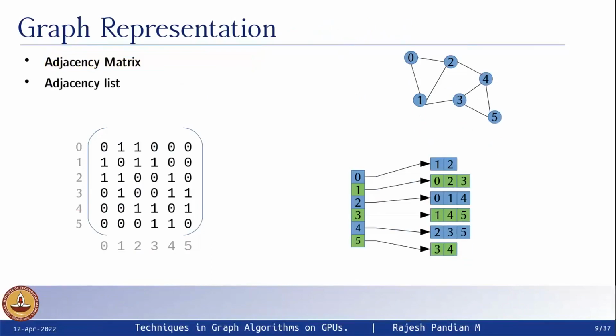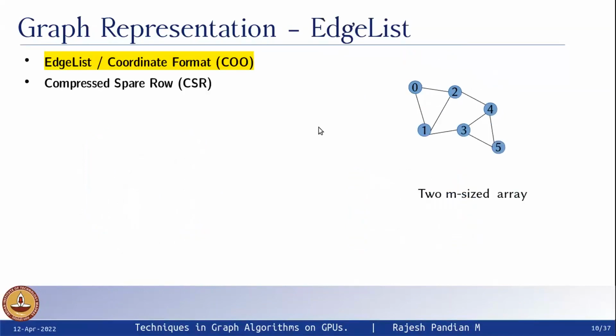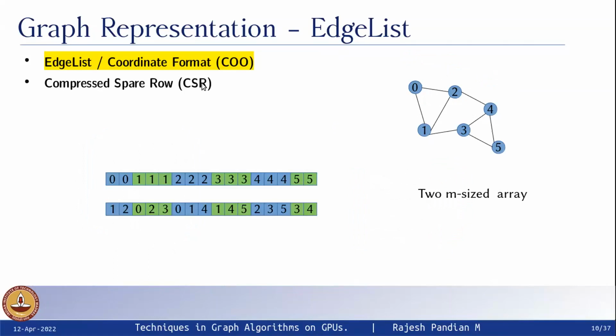So this is basically throwing out all the zeros and combining all the non-zero indices collected one after the other. And this is the adjacency list. And what is the edge list format? The edge list format captures each edge in a 2m-sized array. Here, if you look at it, there are repetitions, right?